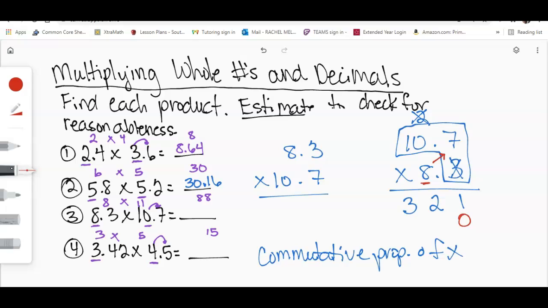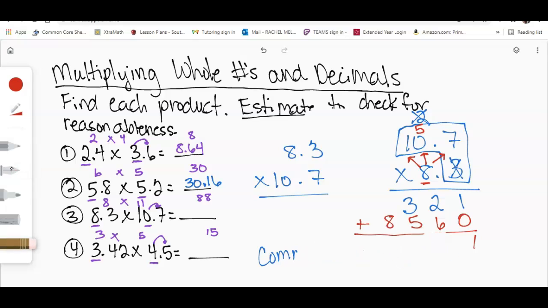So 8 times 7 is 56. 8 times 0 is 0 plus 5. And 8 times 1 is 8. If I add those together, let me get that out of the way. That would be an 8, another 8, and another 8.